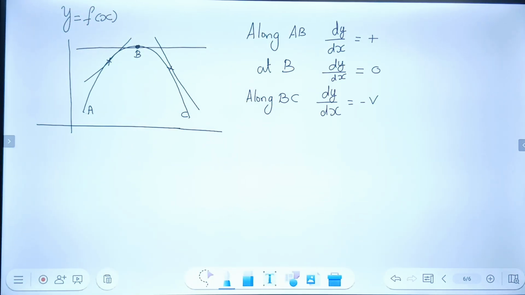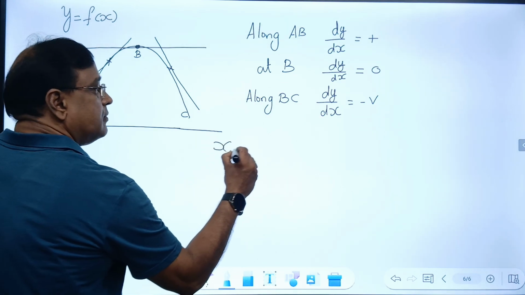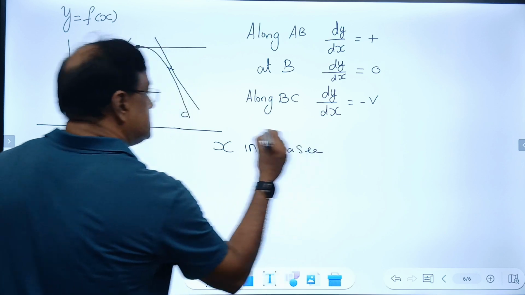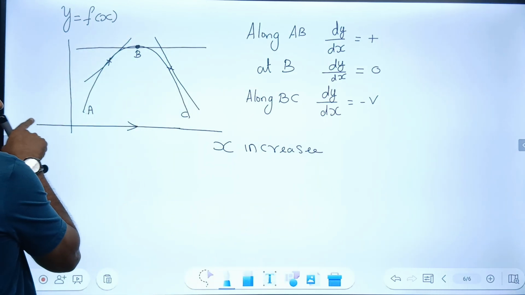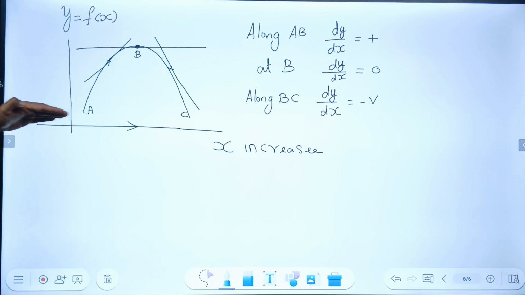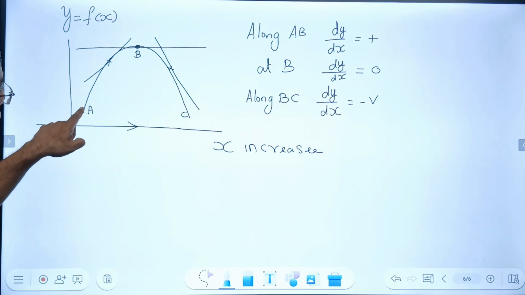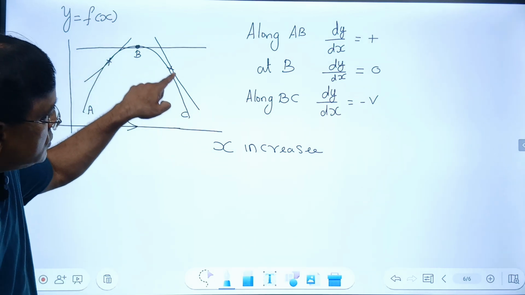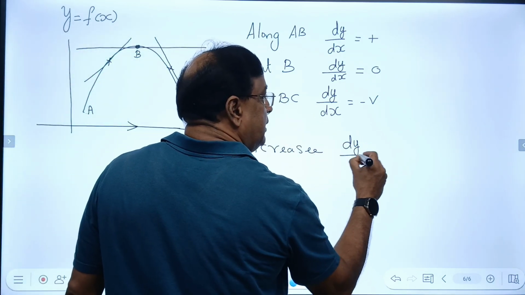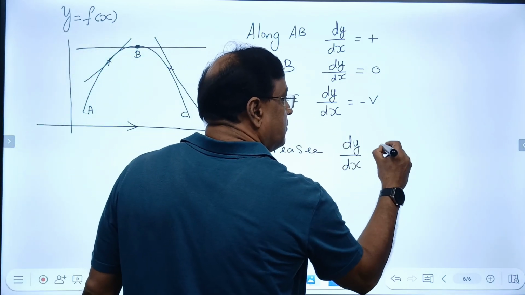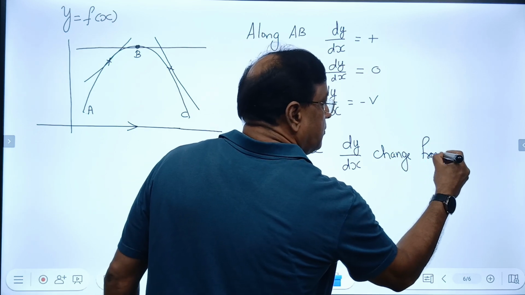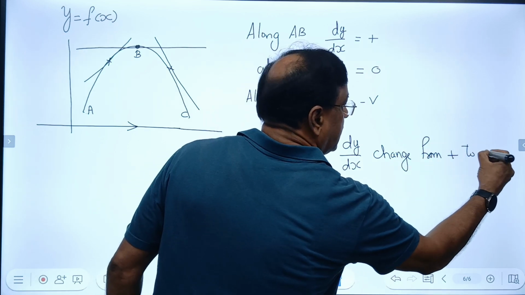Now, when x increases, that is when I move from A to C, I am moving along the curve from A to C. What happens to my dy by dx? My dy by dx changes from positive to negative.